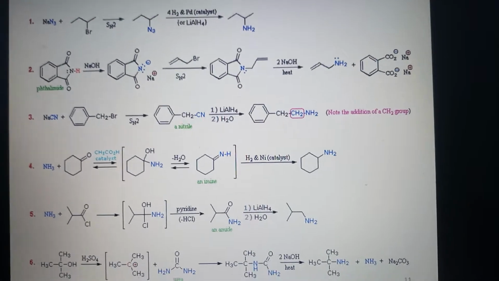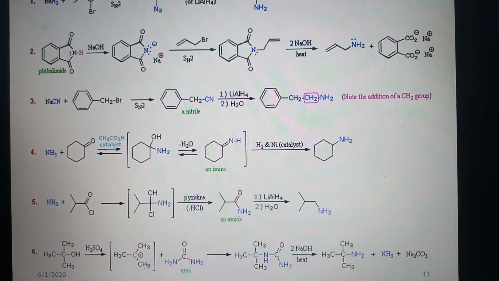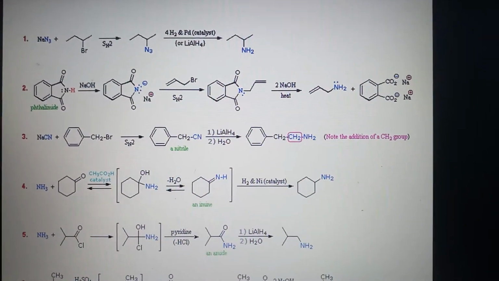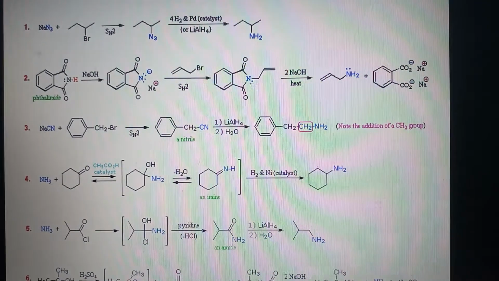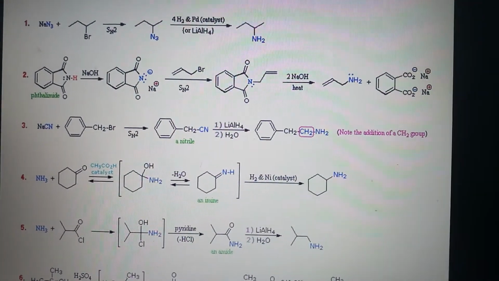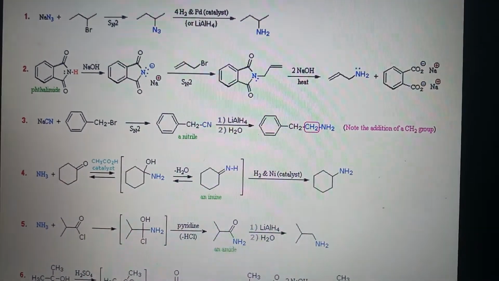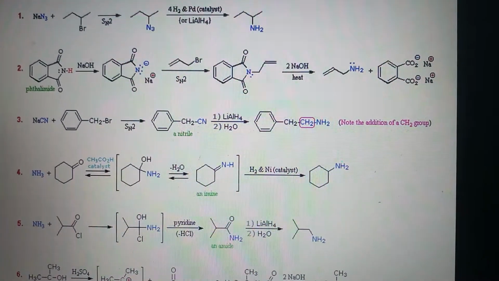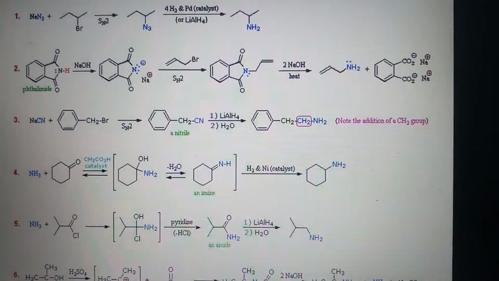Here are some examples. In the first two examples, an anionic nitrogen species undergoes an SN2 reaction.